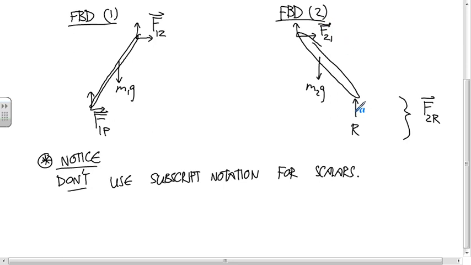So that's a total of 7 variables. And you need to come up with 7 equations to solve for those. But now that we have Newton's third law, we know that this force F12 is equal to negative F21 and vice versa. So we can take advantage of that to reduce the number of variables.